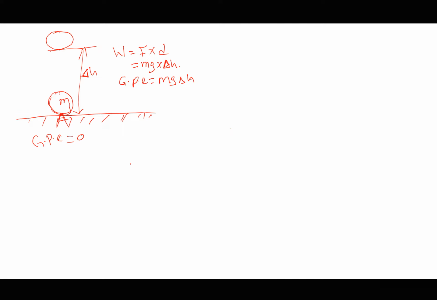So what does that mean? When I lift an object from the ground to a certain height, I am increasing the gravitational potential energy. Why am I increasing the gravitational potential energy? I know that the force between this mass that I am moving and the Earth is attractive.